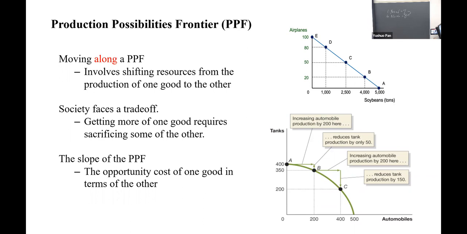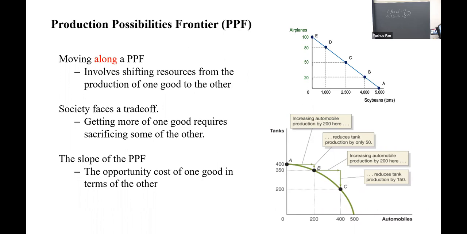You can see when the slope is flat, the opportunity cost is small, because here I only need to give up a small amount of tanks to get a huge amount of automobiles. But when the slope of the curve gets steeper, the opportunity cost gets bigger.